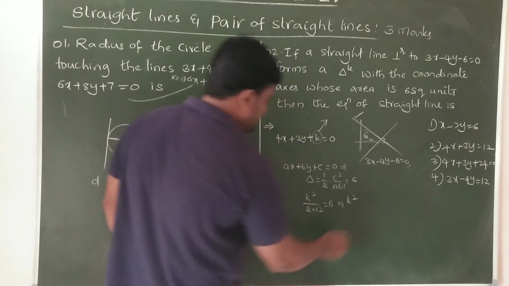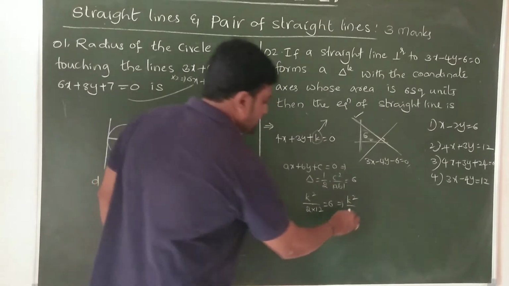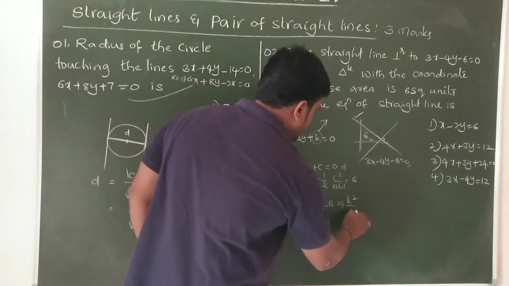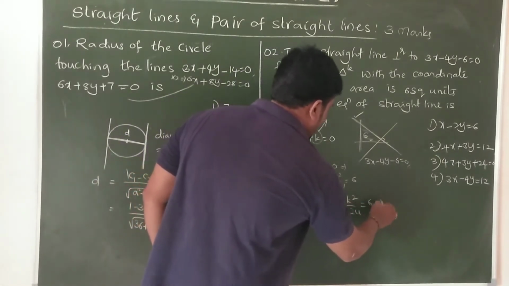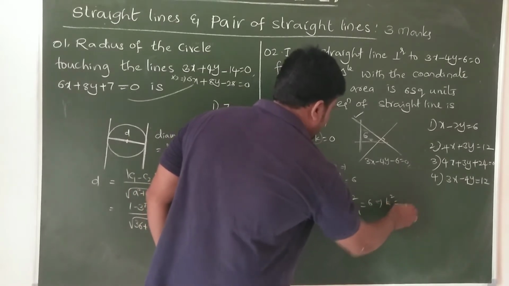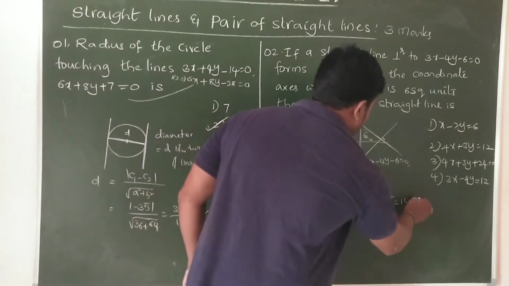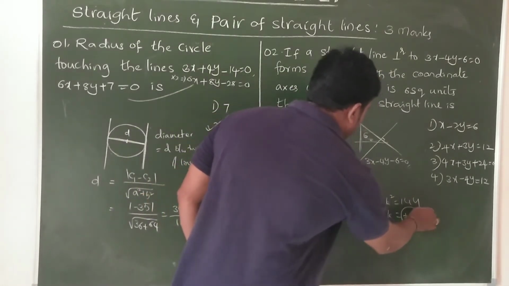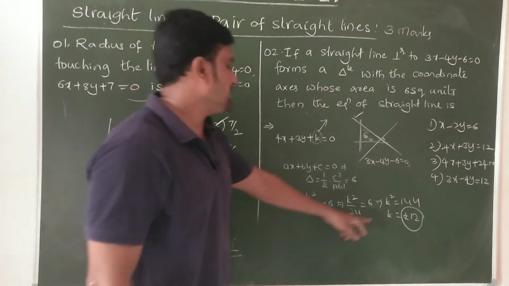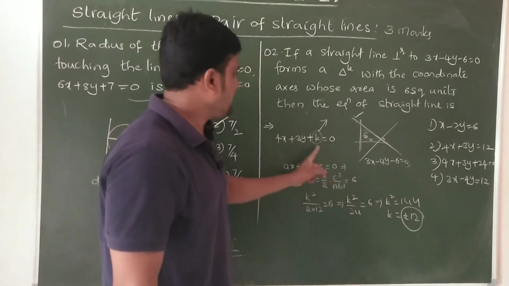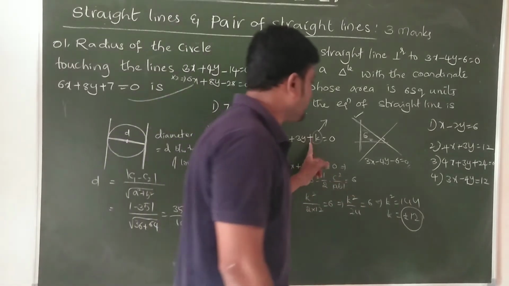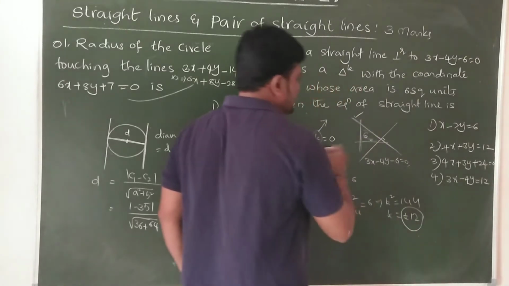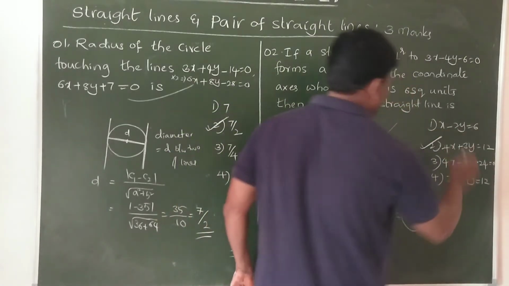Then k square by 24 equals 6, then k square equals 144, then k equals plus or minus 12. So k is either 12 or minus 12. Suppose minus 12, then the second equation is correct.